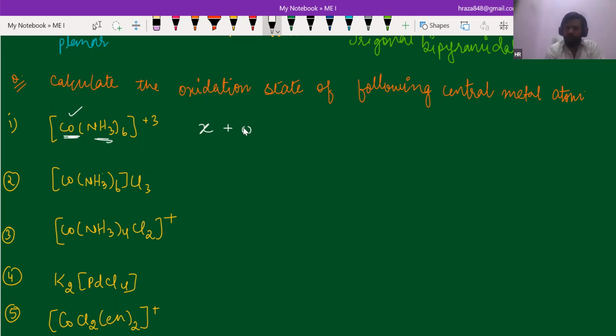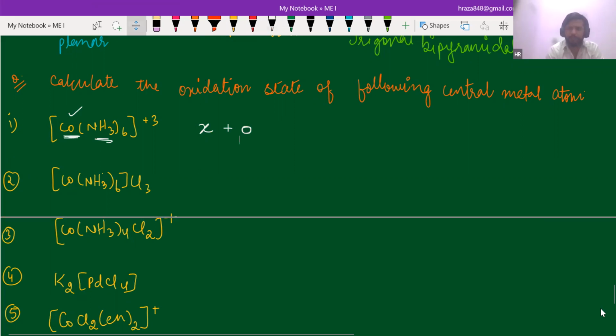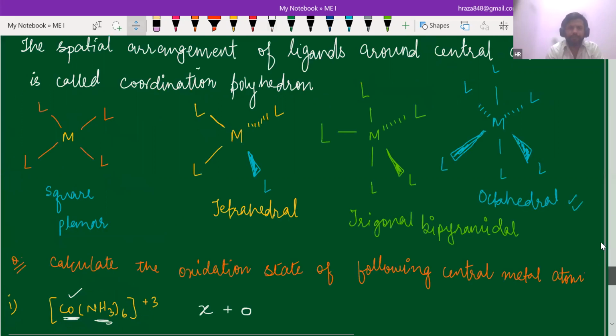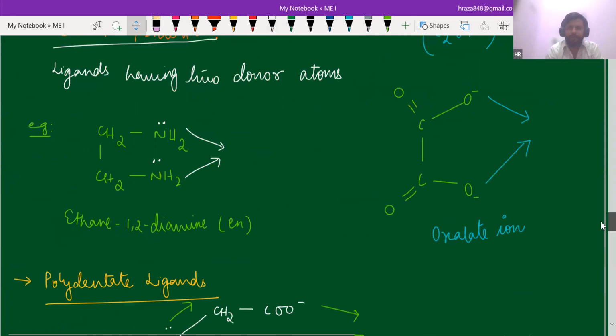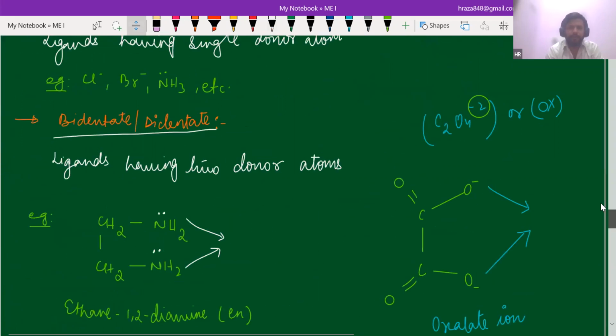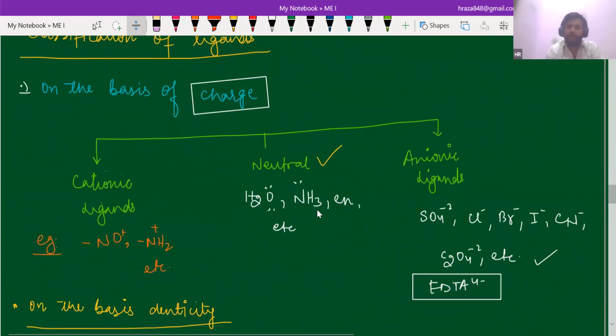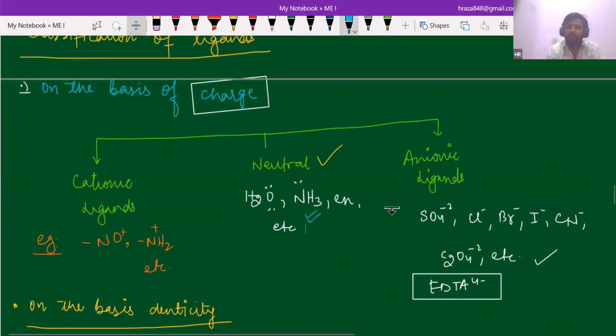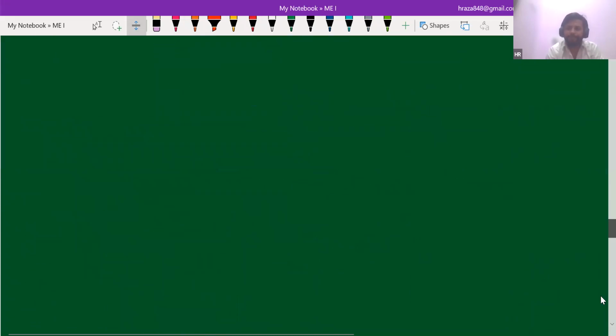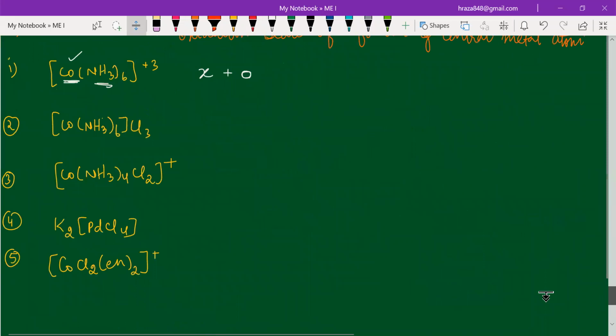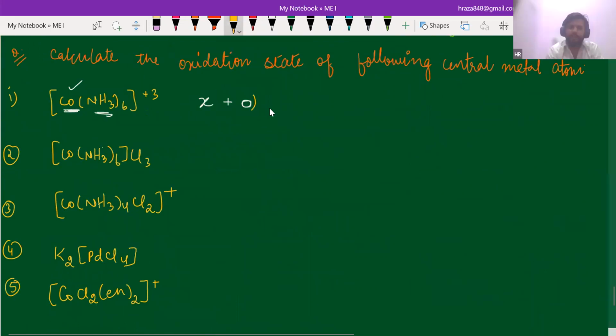It was in neutral ligands. On the basis of charge, NH3 is a neutral ligand, that means it has 0 charge. So it will have 0 and 6 NH3 is there.